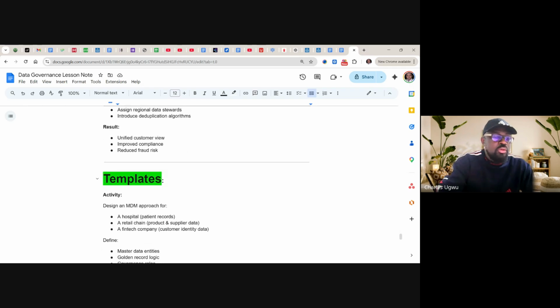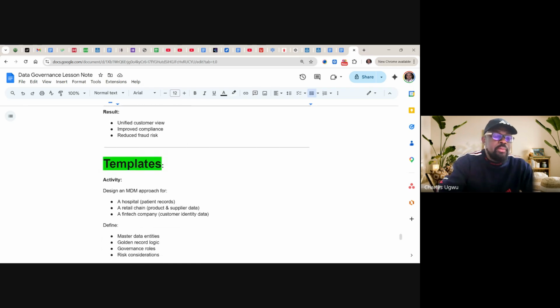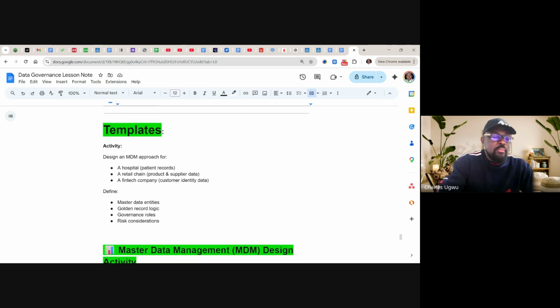So we have templates we can use for your master data management. So the activity here is to design a master data management approach for a hospital patient's record, a retail chain product and supply data, and a fintech company.